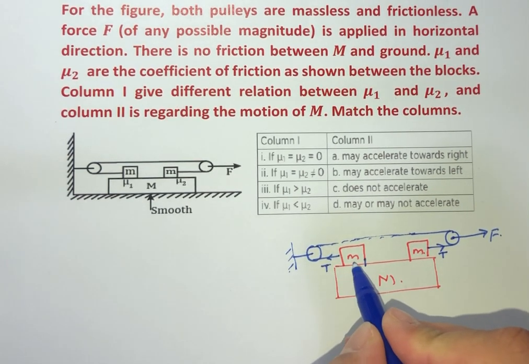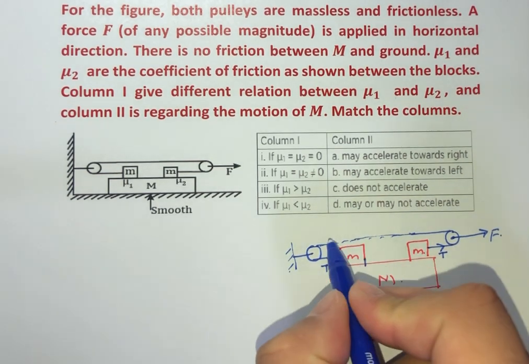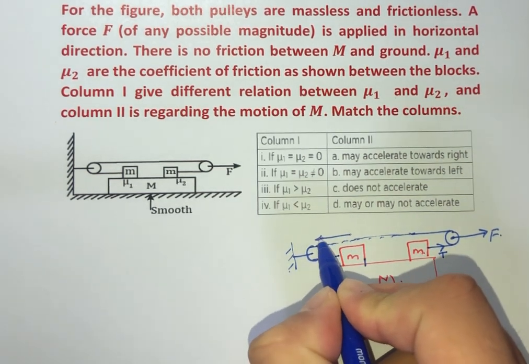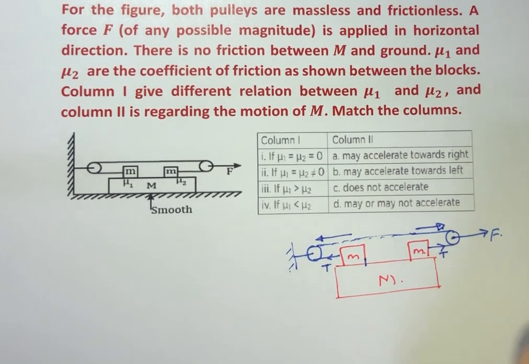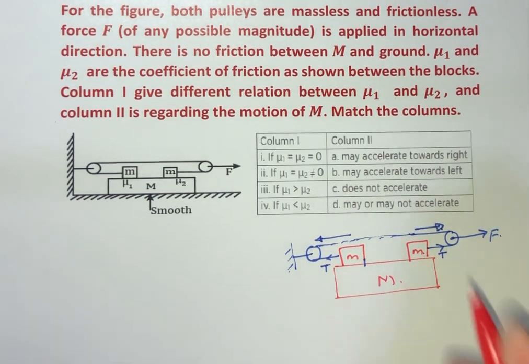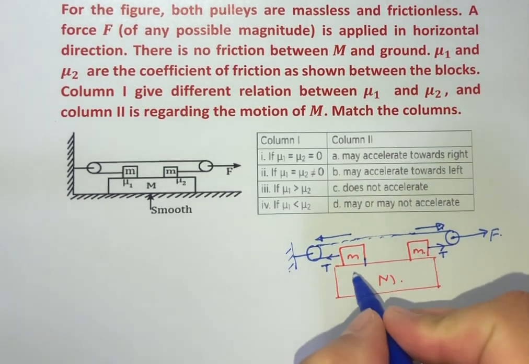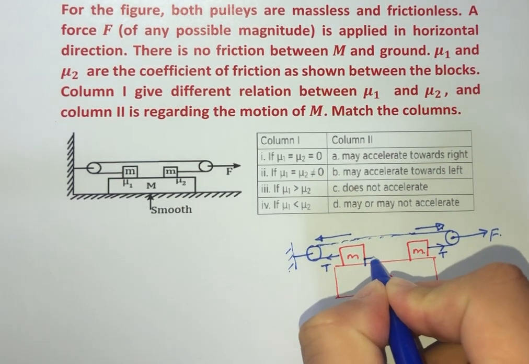So this mass M will try to move in this direction, and this will try to move towards the right. Because of that, there will be a friction between small m and capital M in this direction.